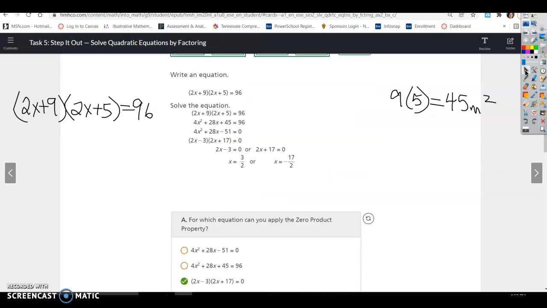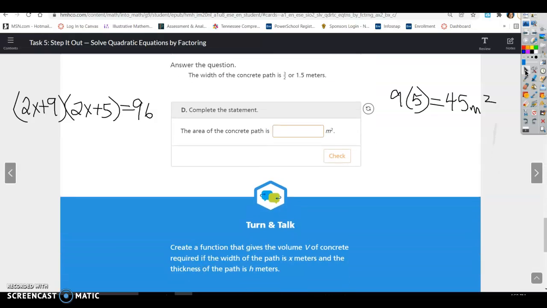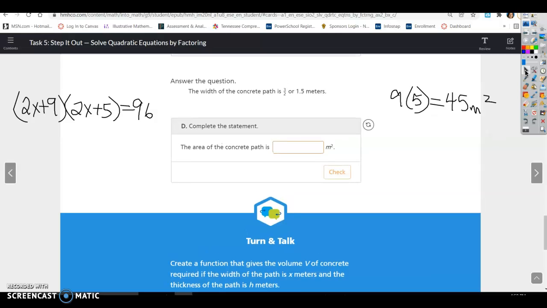Now that we know that x is 1.5, you can simply plug in 1.5. So we can do 2 times 1.5 plus 9, and then we've got 2 times 1.5 plus 5, and all of that still should equal 96.